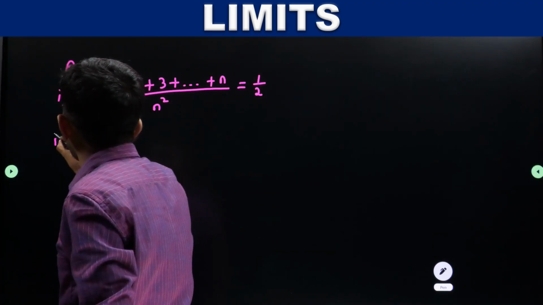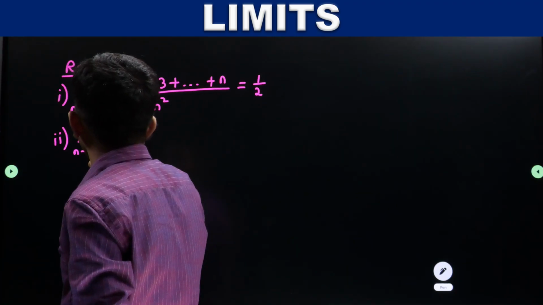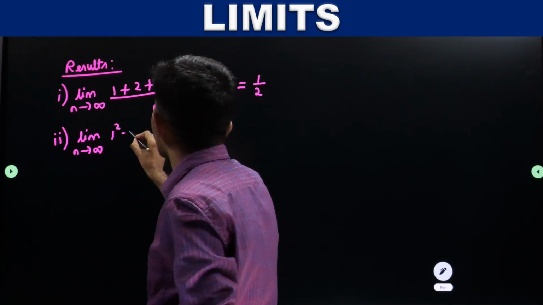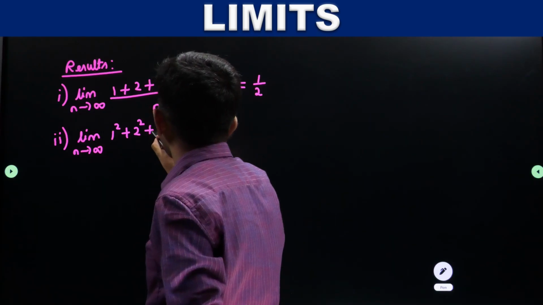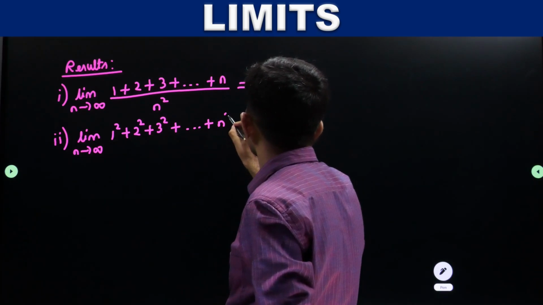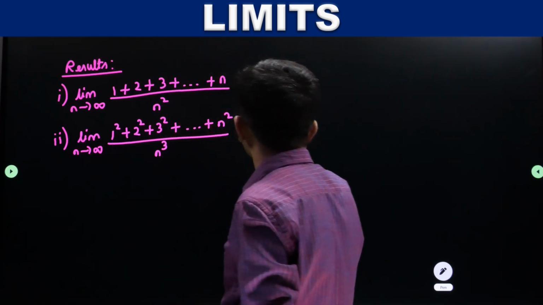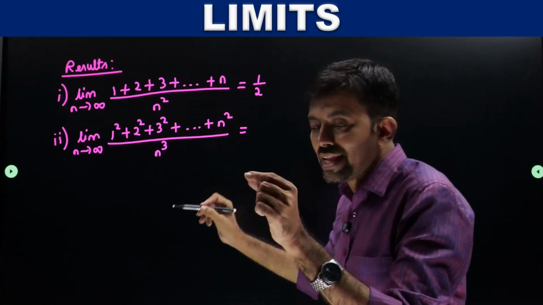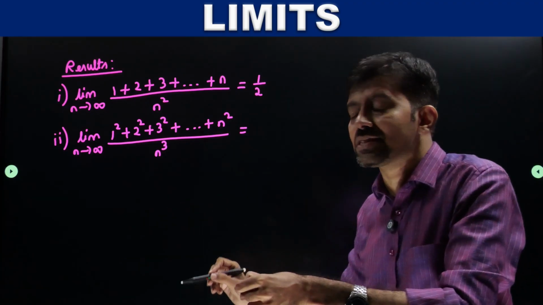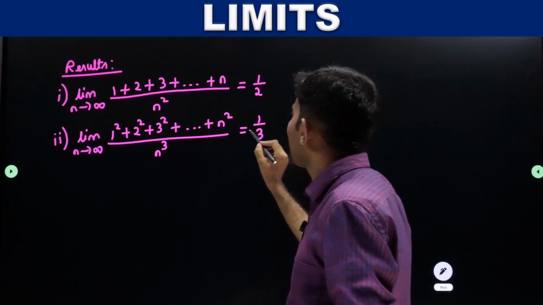Limit n tends to infinity of (1 square plus 2 square plus 3 square and so on up to n square) divided by n cube. The numerator is the summation of n square, n into n plus 1 into 2n plus 1 by 6, divided by n cube. The ratio of the leading coefficients, 2 by 6, is 1 by 3.